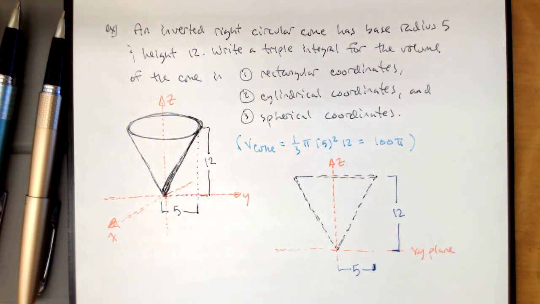Figure out where you're going to have to put that 5 and the 12. How are you going to make that slope? How is z going to change with that radius for the 12 over 5?